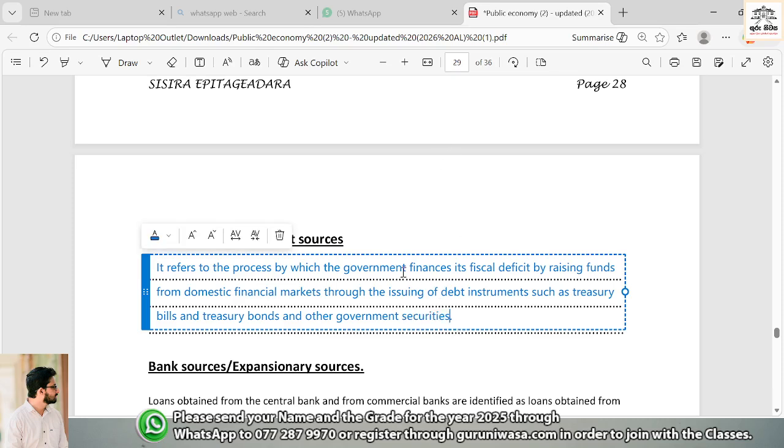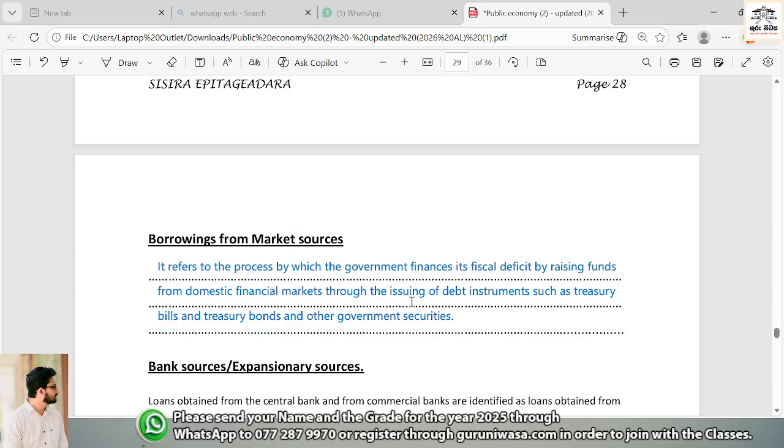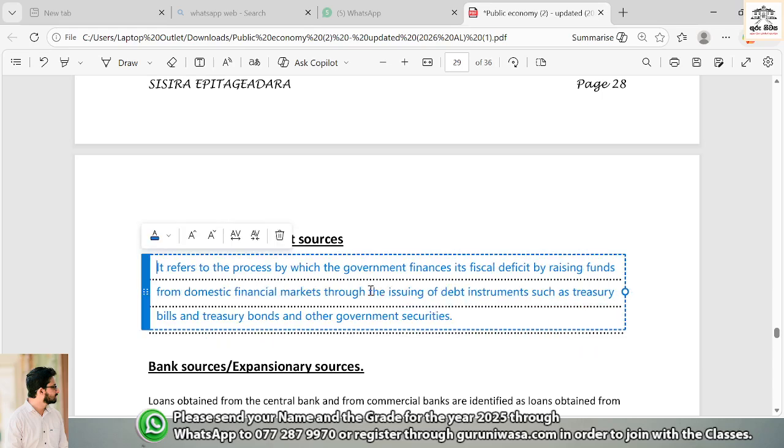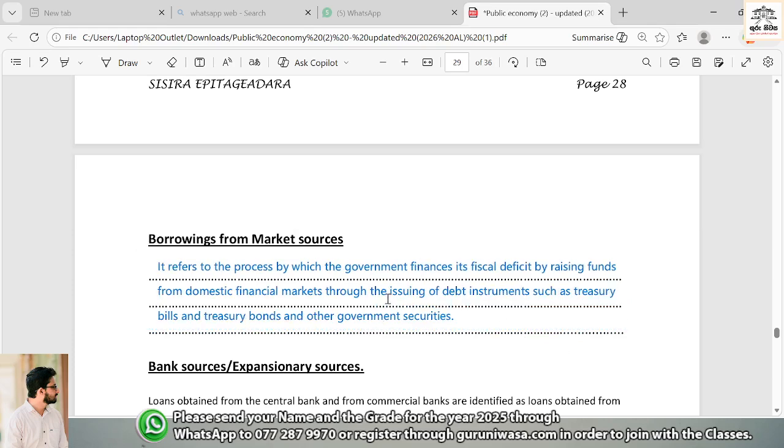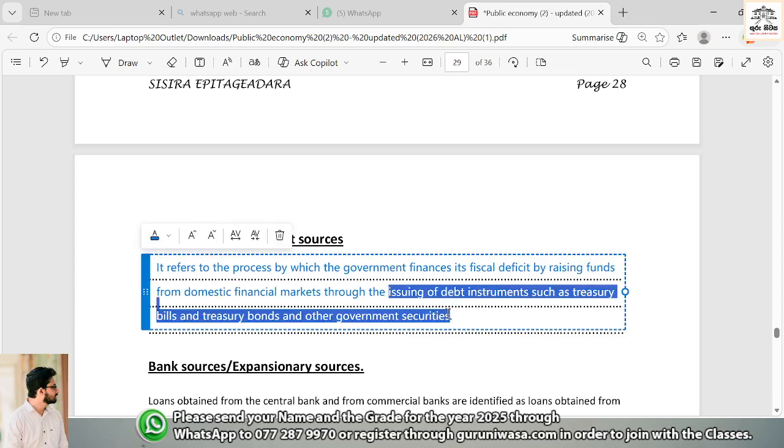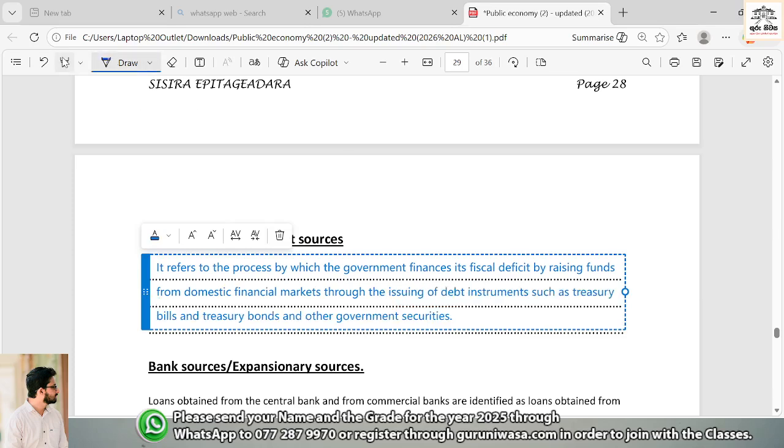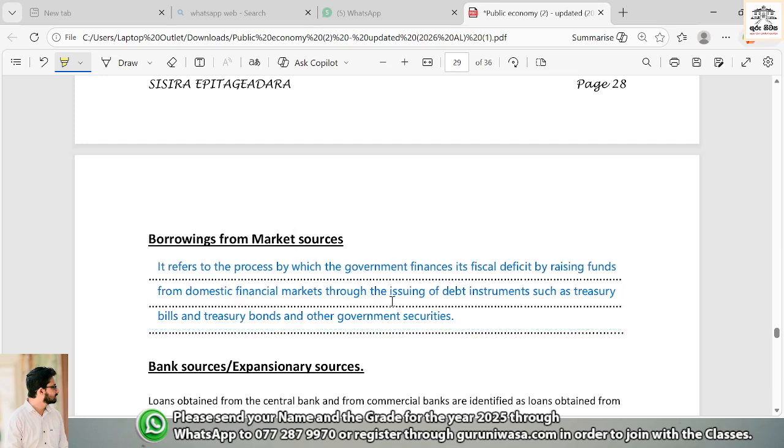I want you to remember, when borrowing funds from the domestic financial market, the government has to issue treasury bills and treasury bonds as security, an issue of debt. Are you okay with this?